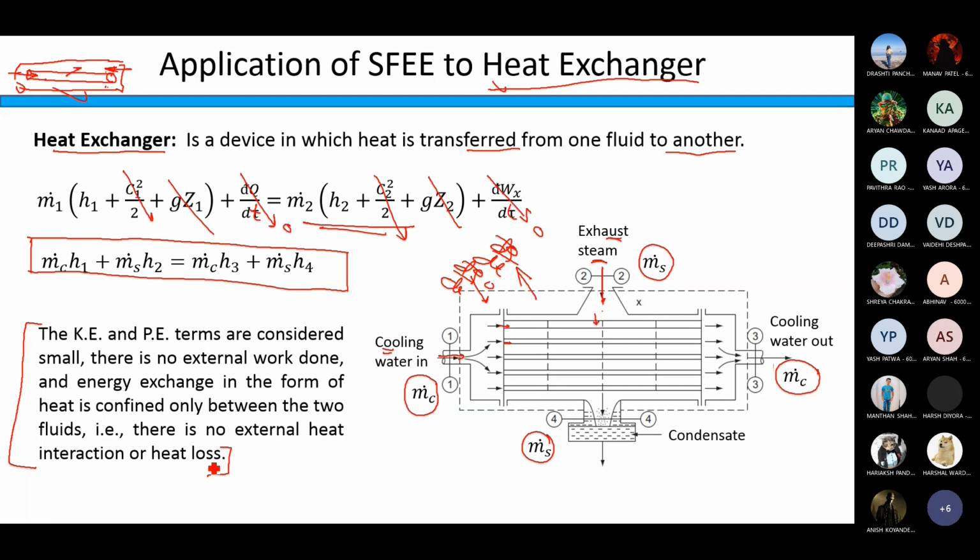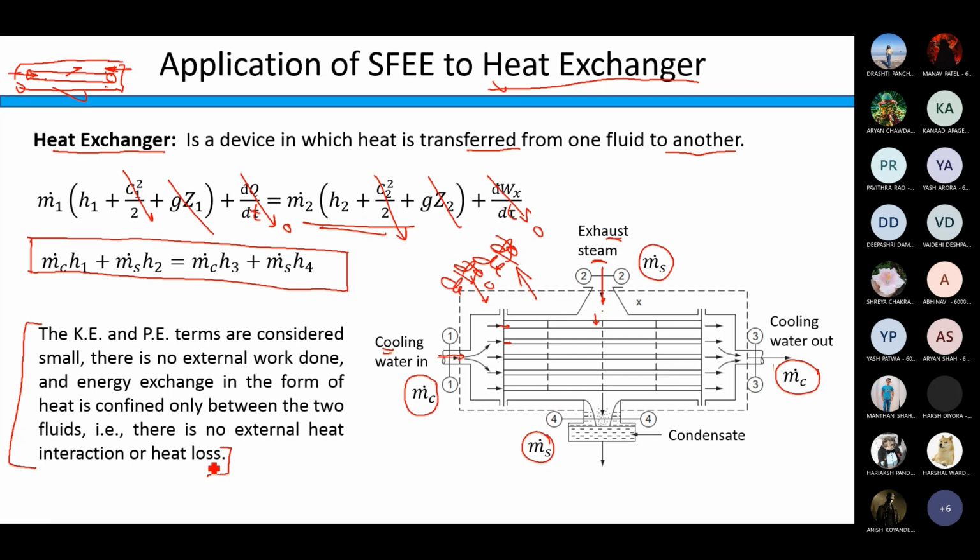Yes. So that's all about the basic derivation of the steady flow energy equation and its applications to the flow devices, and how we simplify the basic steady flow energy equation. Correct. So in examination they will ask you questions like derive the steady flow energy equation and then apply it to devices, like apply it to a heat exchanger or a turbine or pump or compressor, something like that.